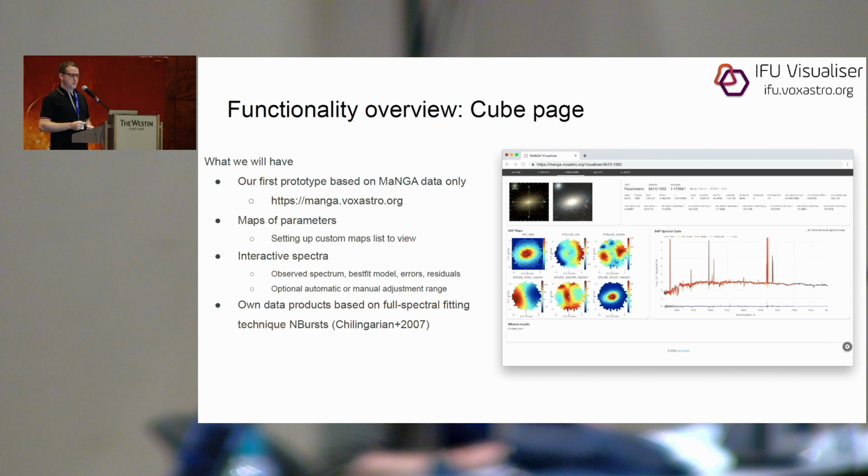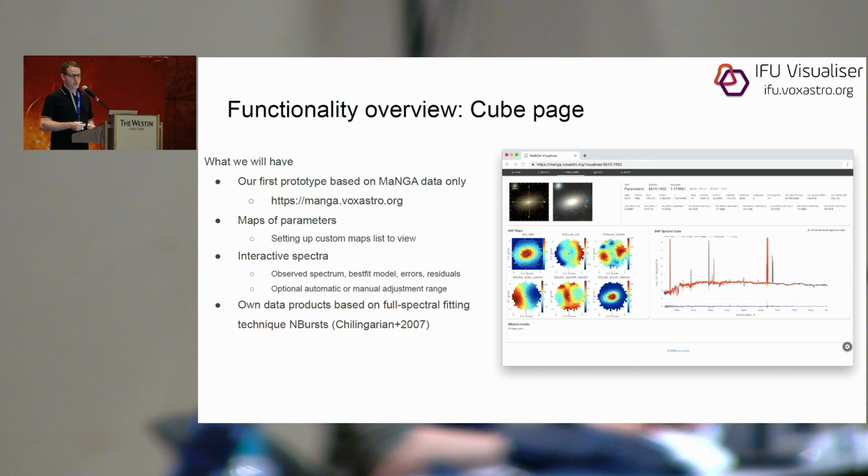This is how our cube page will look a little bit later. I'm showing you a screenshot from our first prototype of the IFU visualizer, which is called the MaNGA visualizer, and it provides access to MaNGA data only, and you can see a lot of two-dimensional maps recovered from the spectral cubes, as well as spectra with best-fit model and residuals.